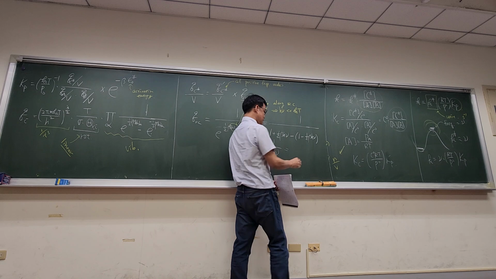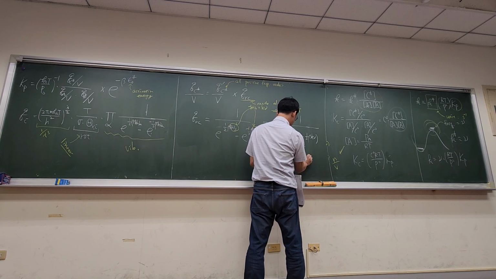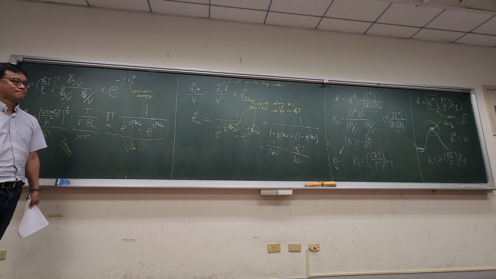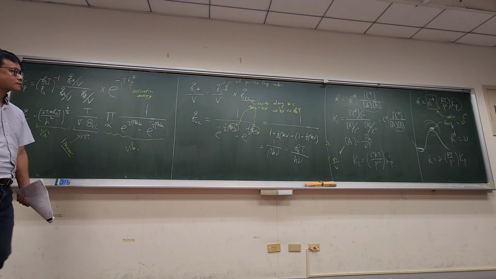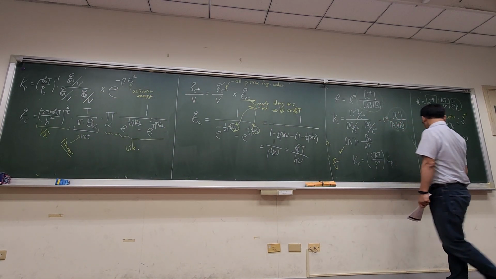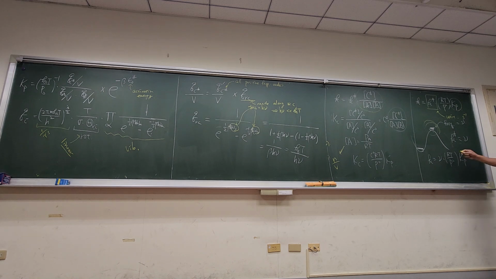And 1 over beta h nu is kBT divided by h nu. Then you have a nu here. Here you have this Q prime, that is, Q prime C double dagger times QRC.